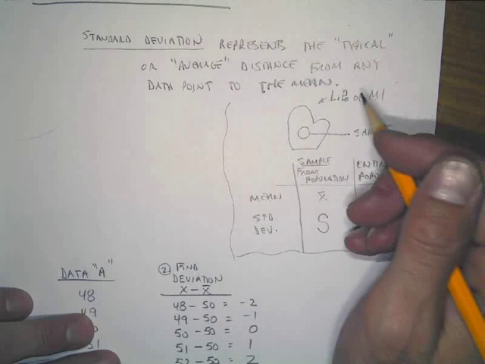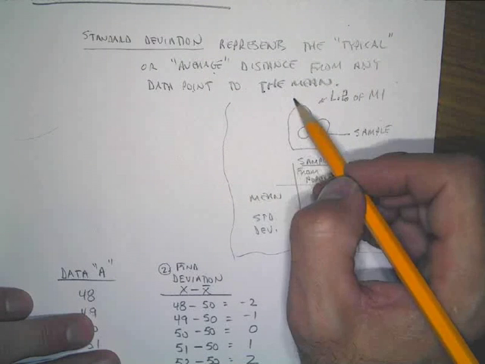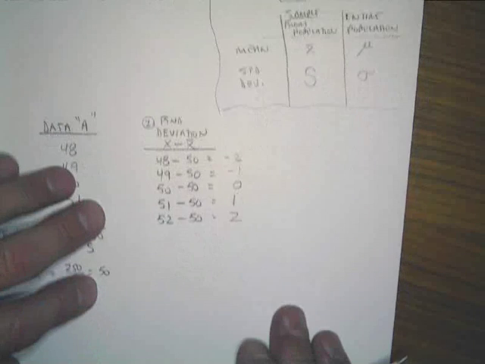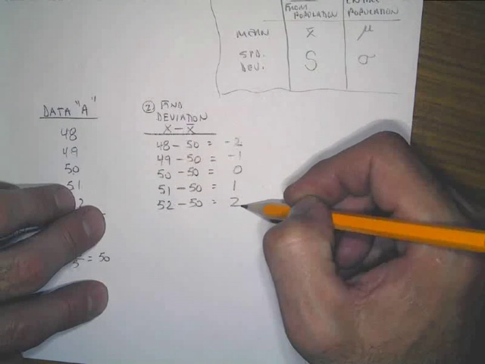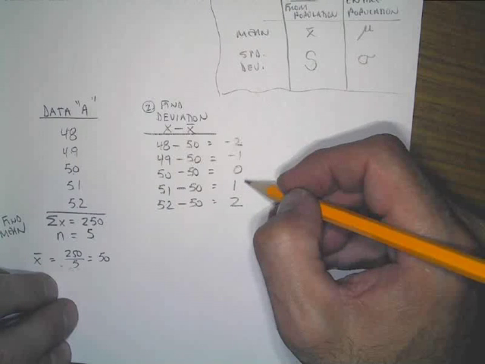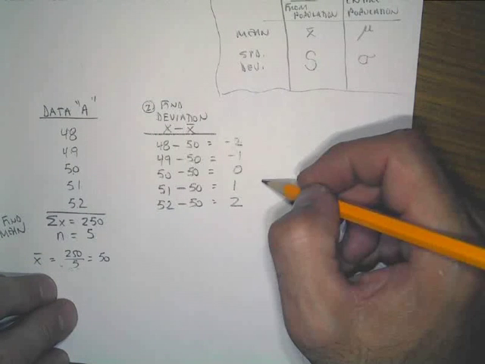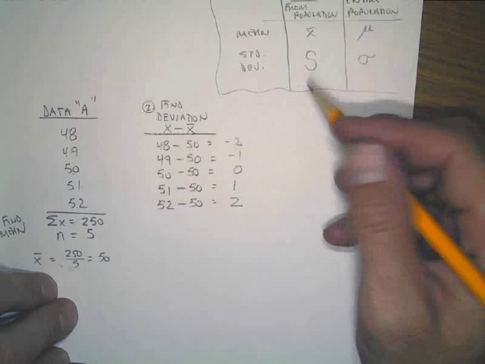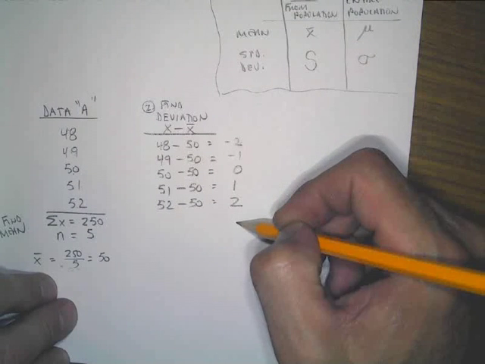And now what we have to do is find the average distance from the mean. So if these are all the distances from the mean, we need to find the average of these distances from the mean. There's a problem, however. When you add all these up, you get 0.